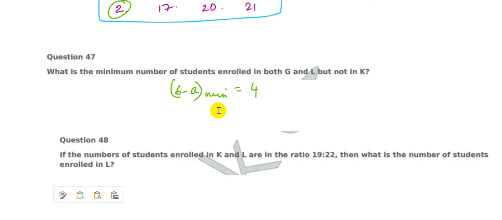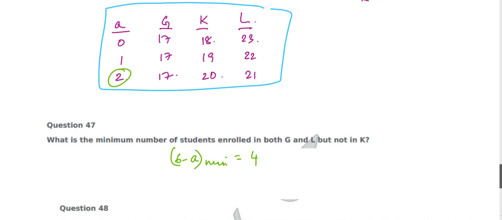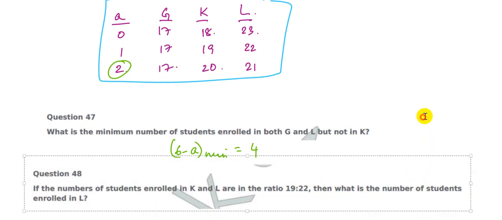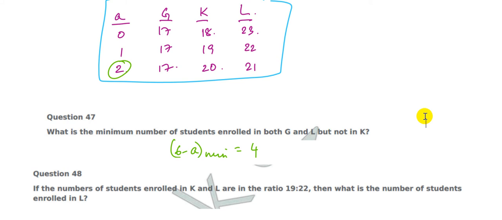If the number of students enrolled in K and L are in the ratio of 19:22, what is the number of students in L? Now you look at this table that I have made and you will get the answer. So the possible values are this. These are the only set of values that are possible, right?